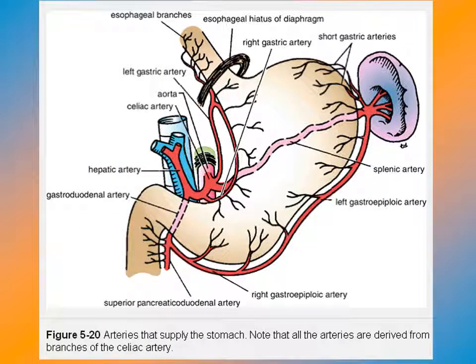This is the diagram showing the arteries of the stomach: the celiac artery, abdominal aorta, left gastric, right gastric, hepatic artery, and gastroduodenal artery, which is a branch from the hepatic artery, and the splenic artery, the short gastric arteries, and the left and right gastroepiploic.